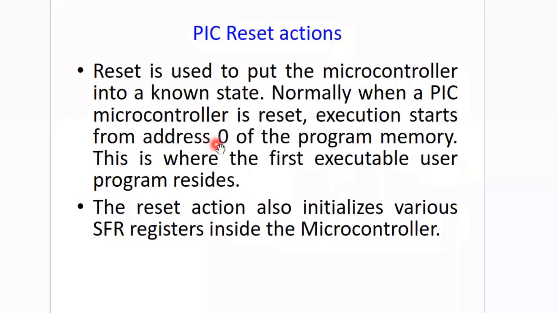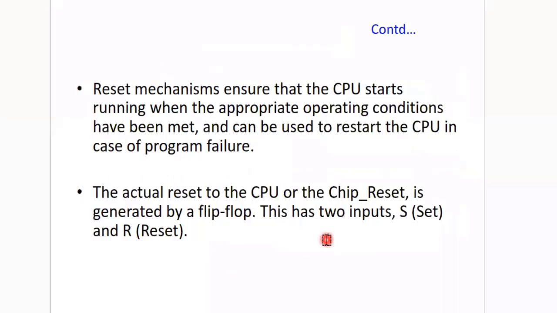This is true for most microcontrollers and microprocessors. If it is a 16-bit address, 0000 of program memory, it will directly go to the first address of the program memory. After reset, the microcontroller starts executing from 0000 or 00, meaning the first location. The reset action initializes various special function registers inside the microcontroller.